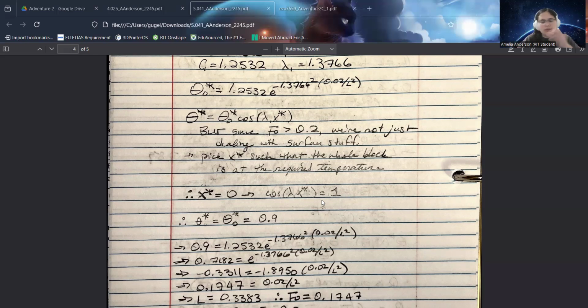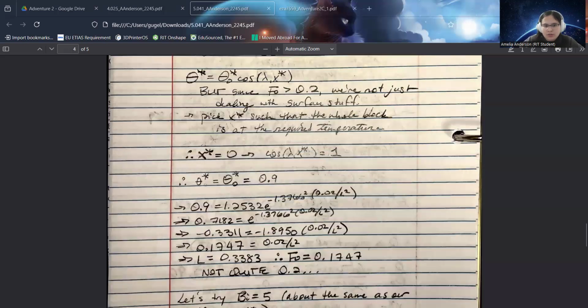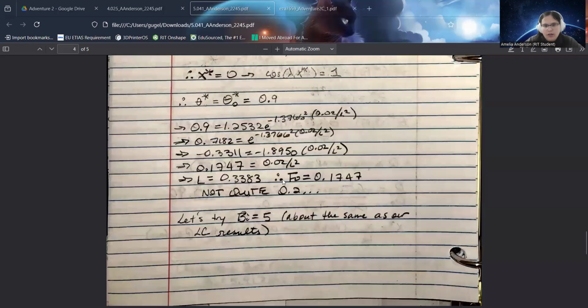So what this ends up meaning is that theta star is equal to theta naught star is equal to 0.9. Now, take those numbers from the table, plug them in, do the math, some natural logs, some stuff cancels out. We get L, which is again not the whole thickness, just half the thickness, but it's a stepping stone. We get L of 0.3383 meters and Fourier of 0.175.